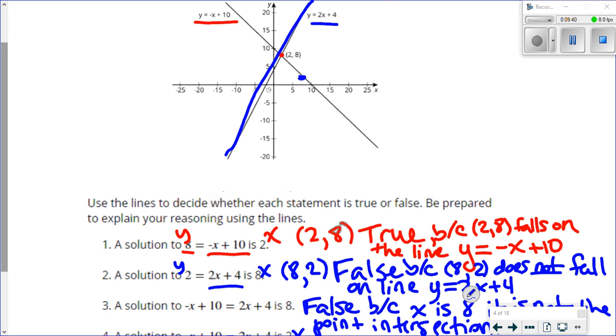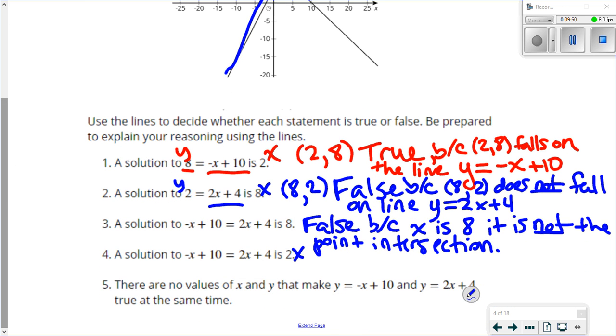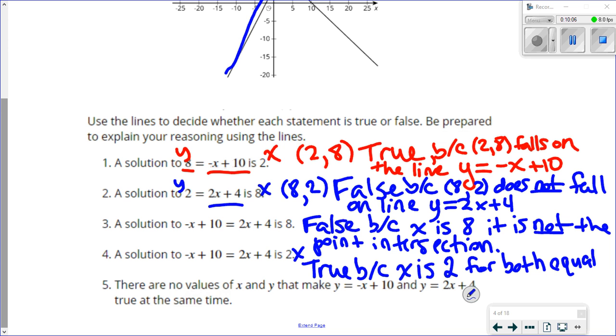When I go over 2, I do hit the point of intersection for both. It falls on both lines. So I would say true for the fourth statement because x is 2 for both equations in the system, and it is the point of intersection.